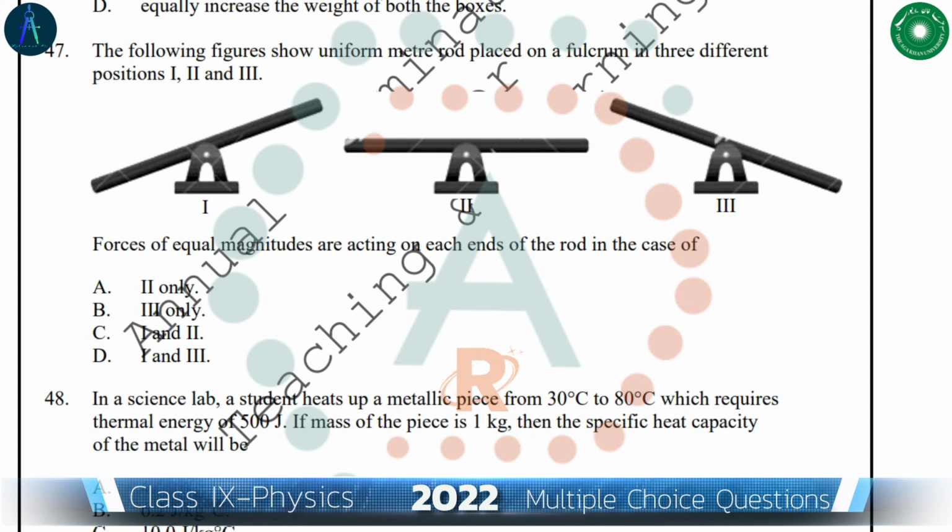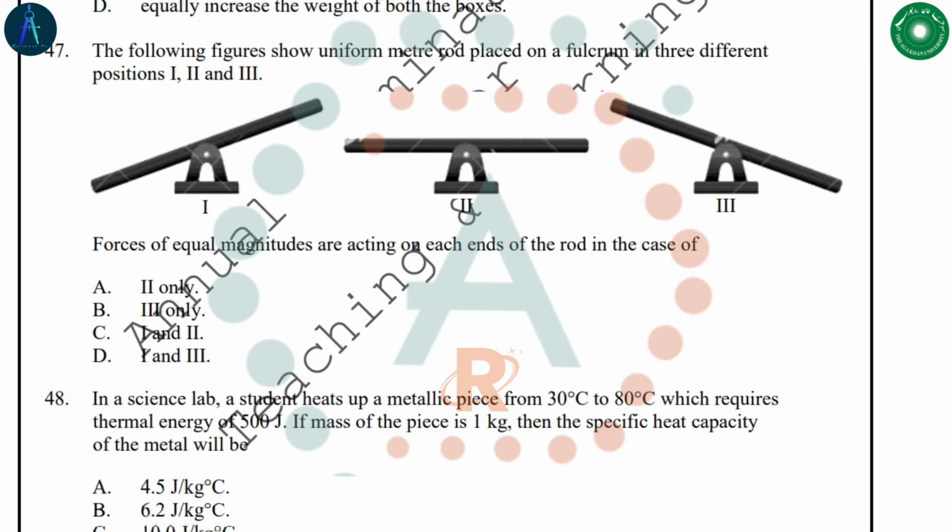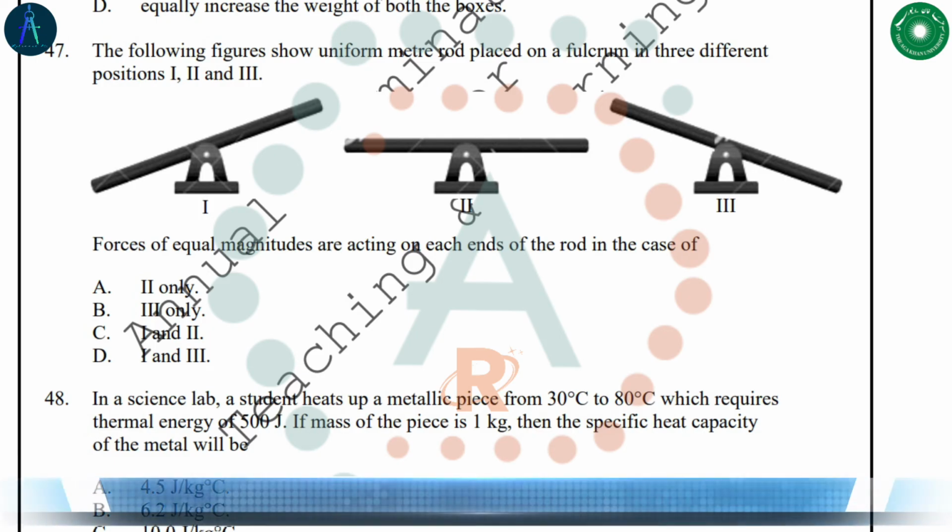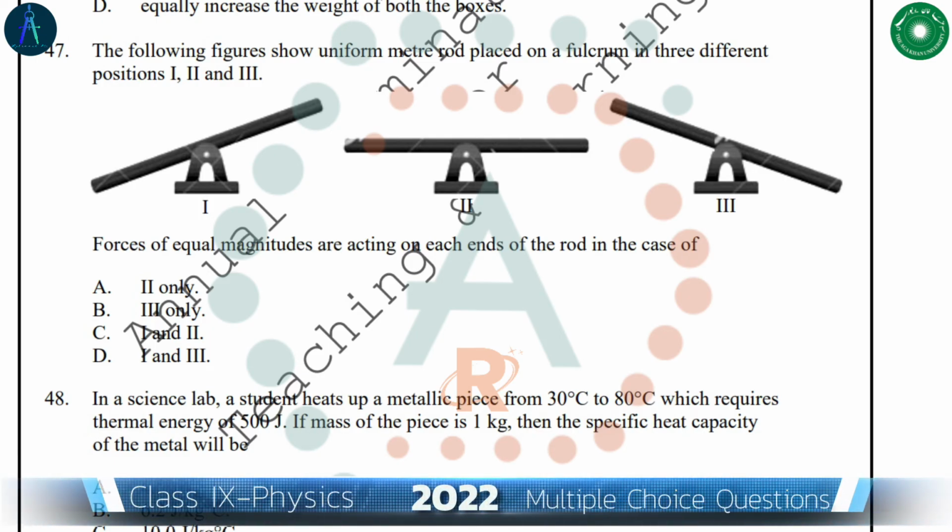Then we have question number 47. Which of the following figures shows three bodies fixed at a point, the fulcrum, at different 1, 2, and 3 positions, with forces of equal magnitude acting on each rod in the case of 2?